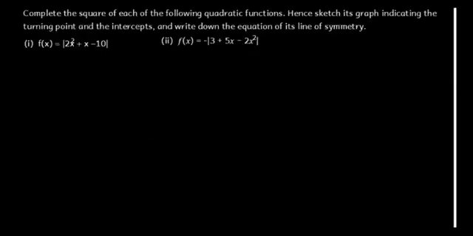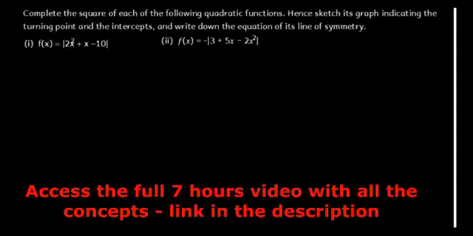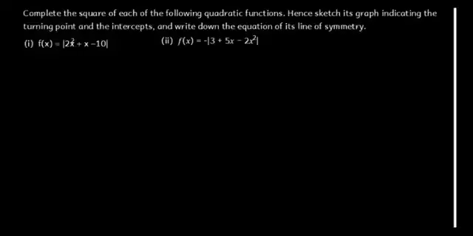We are going to talk about the completing square method, which involves modulus. So how do we sketch? We have got a question which says: complete the square of each of the following quadratic functions, hence sketch its graph indicating the turning point and the intercepts, and write down the equation of each line of symmetry. As you can see, part 1 has got modulus, but there's no negative.